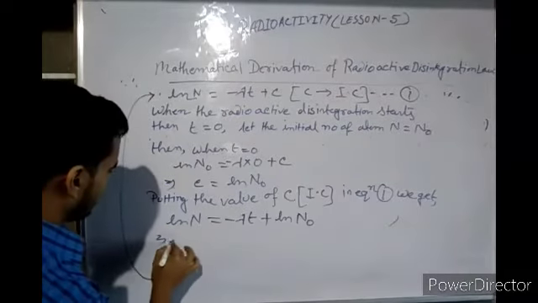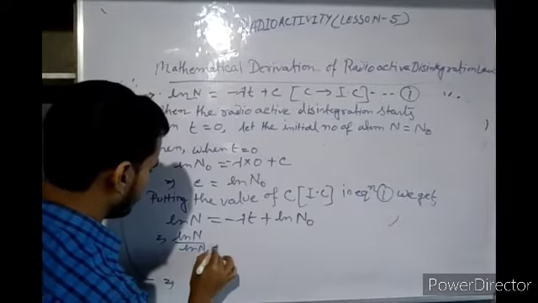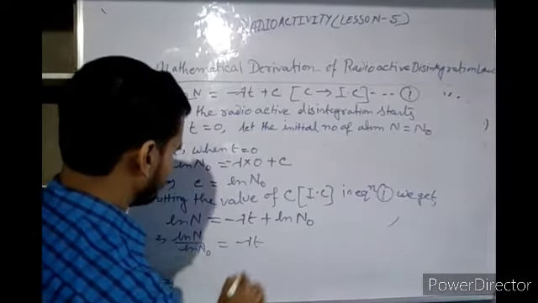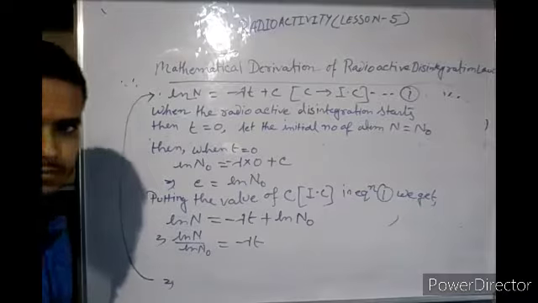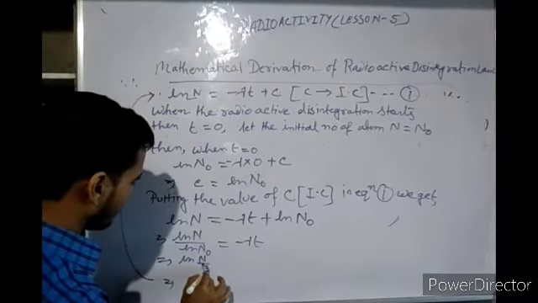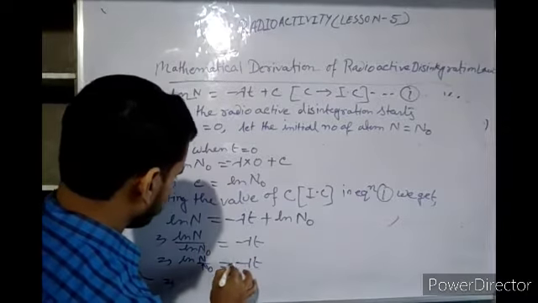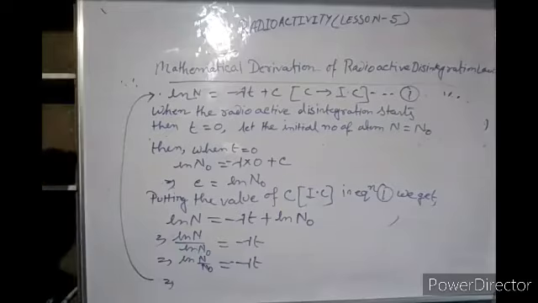Then ln N minus ln N0 equals minus lambda t, or ln N by N0 equals minus lambda t. Okay.